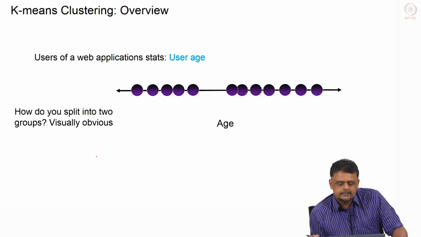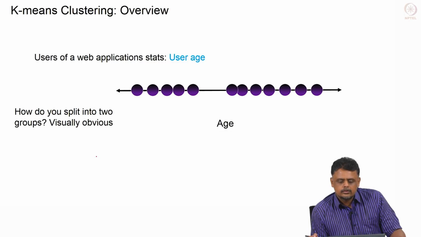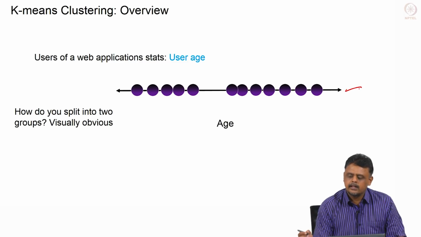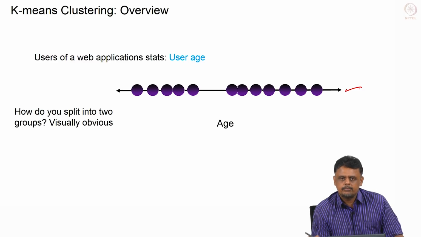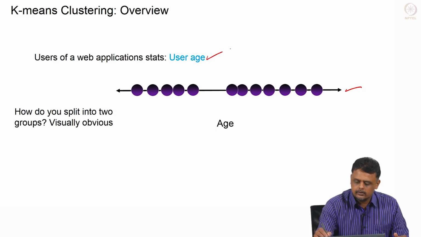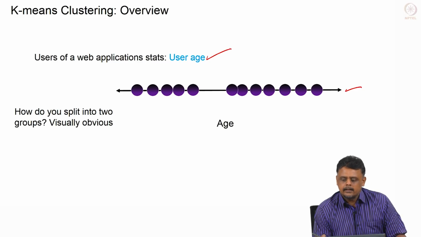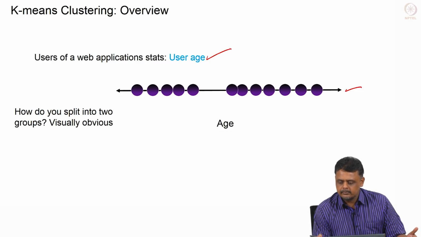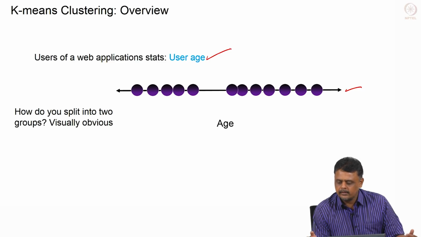So, for K-means clustering, here is a brief overview. Let us say there is a website or web application and we gather statistics of the users that use the web application. One such statistic is the age of the user. Let us say we have several users, in this case about 13 or 14, and we plot their age along an axis.